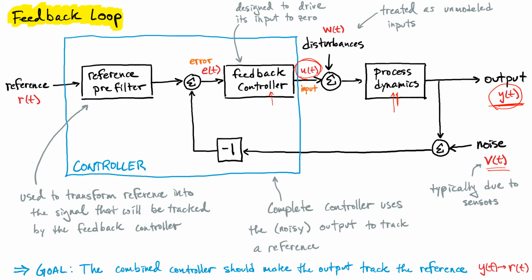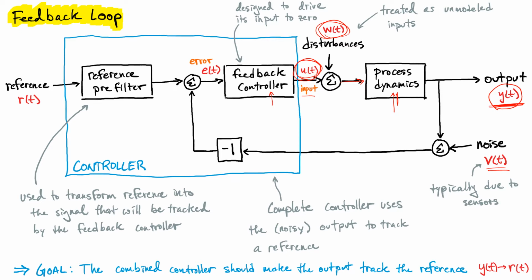So that input could get corrupted or disturbed by other signals. These could be physical forcing factors, or different kinds of uncertainties, but other signals that we're going to lump into disturbances get added on with the input, and those go in as the input into our process dynamics that then produces the output.